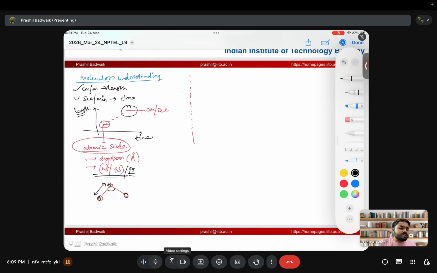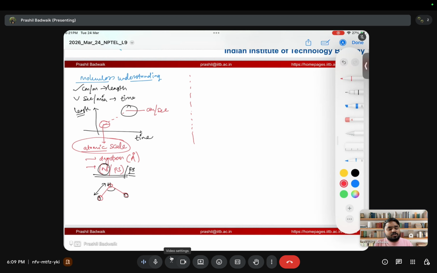Over the period, you see how the molecules and the system are evolving, and when we do these sort of things, we go up to nanoscale, right? We start with femtosecond time step, and we go up to nanosecond time scale, right?